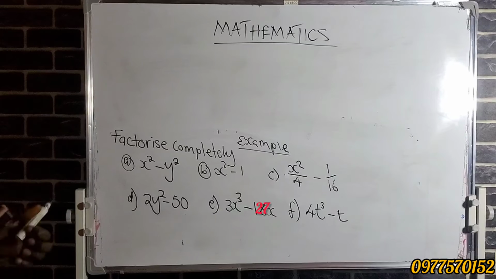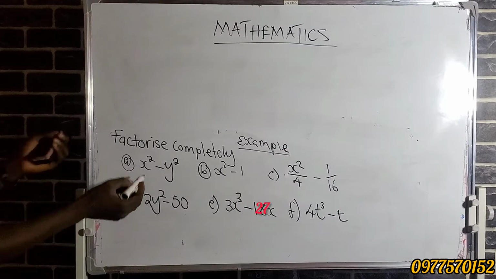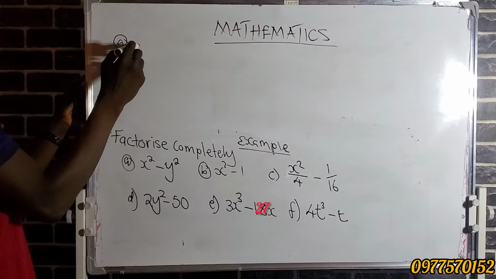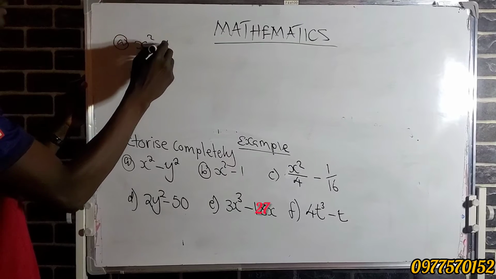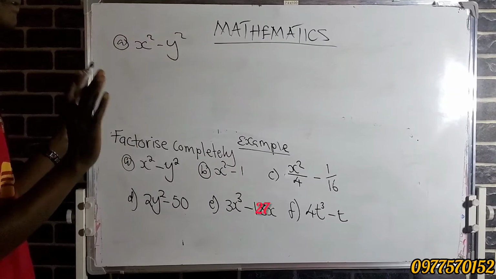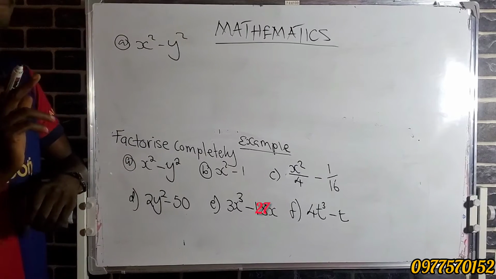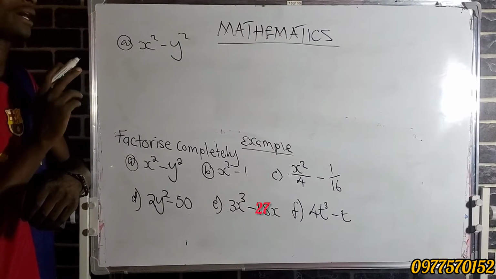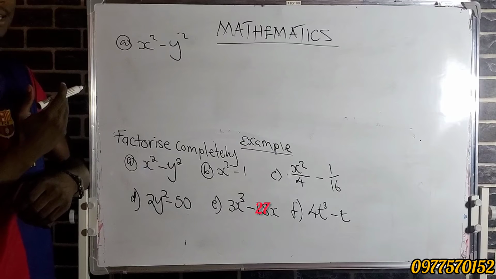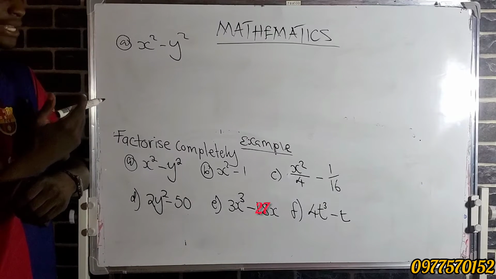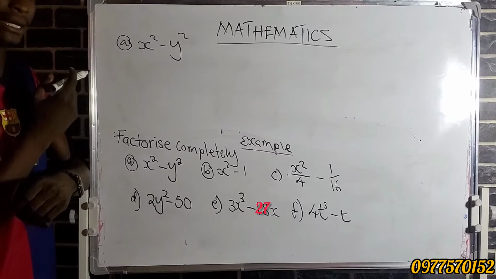Now, since we're asked to factorize x squared minus y squared, follow the steps. The first thing is to check: do you have two terms? Yes. Then is there a minus?